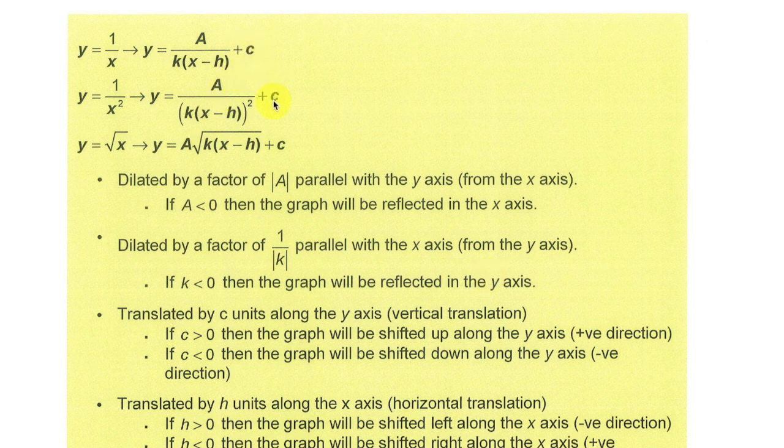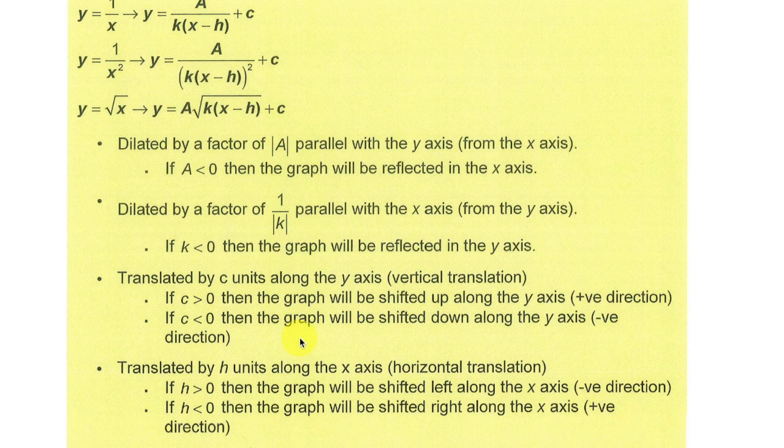Looking at the effect of the C, then we're just translated C units along the y-axis. So just as you read, if it's positive, it's up; if it's negative, it's down. And the effect of the H, well, it's the horizontal translation. The easiest way of working this out is to take all of that, make it equal to 0, and solve for x, and that will tell you if we're moving left or right.